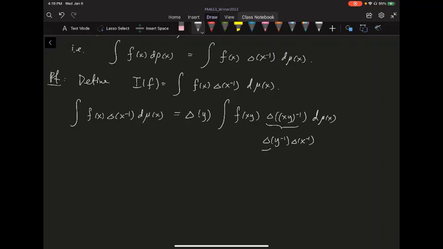You move the Δ(y)^{-1} outside, and it cancels out the Δ(y) outside. So this gives you the integral of f(xy) Δ(x)^{-1} dμ(x).